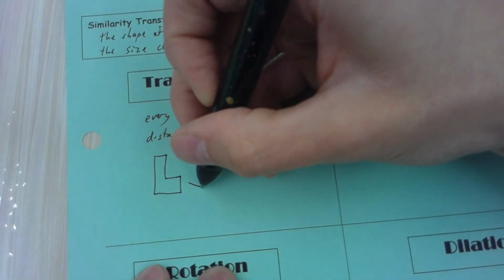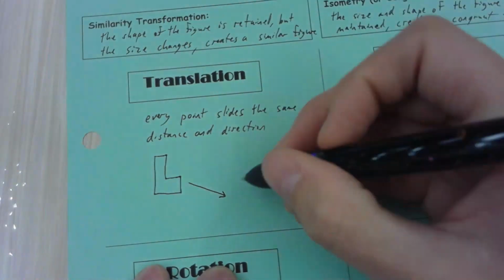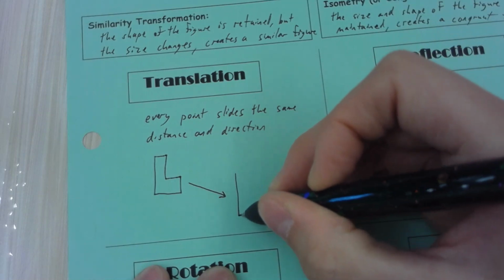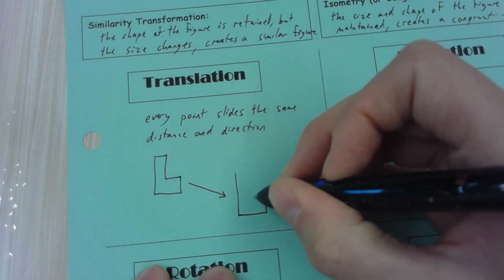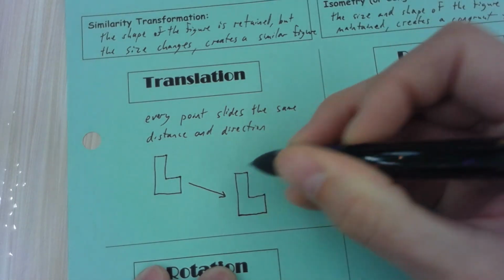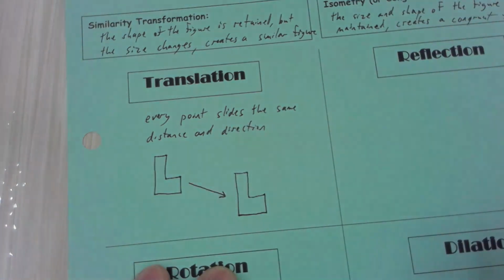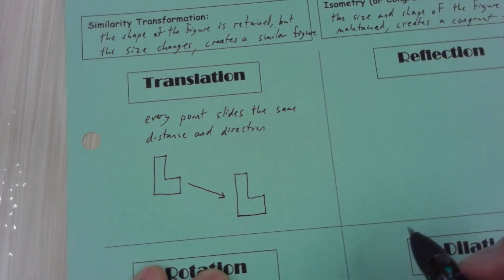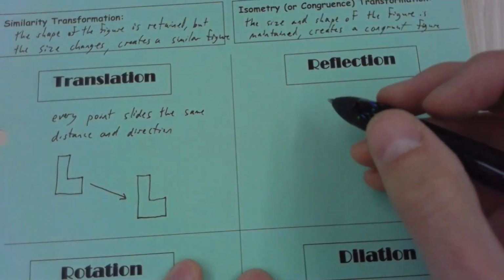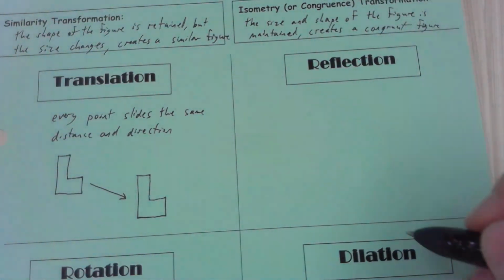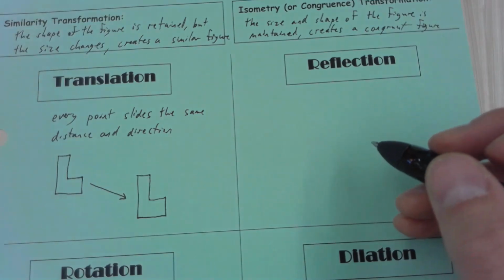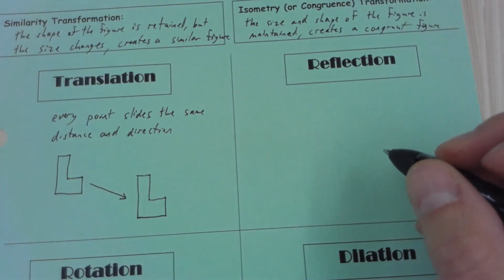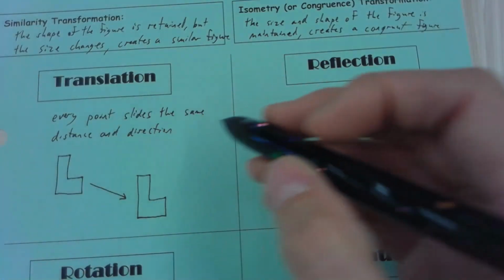So when this slides over here, we have a shape that's the same size, same shape, it's just moved. Okay, so this is a translation. I'm going to briefly define the other transformations, but we're going to do a deep dive on those in future sections. We're going to focus mostly today on translations.